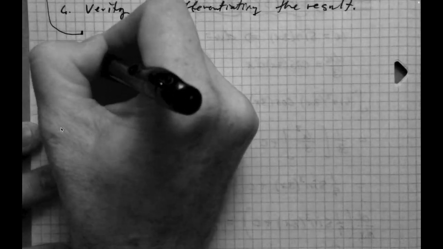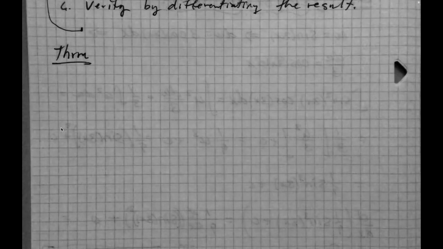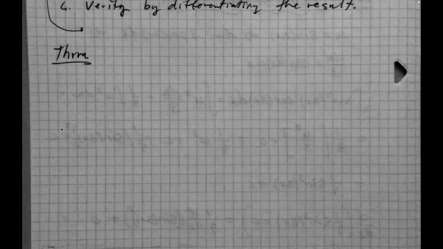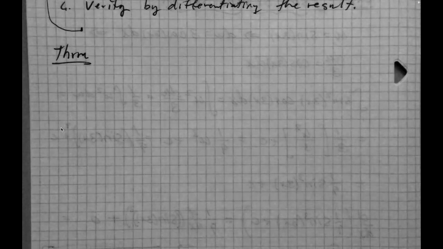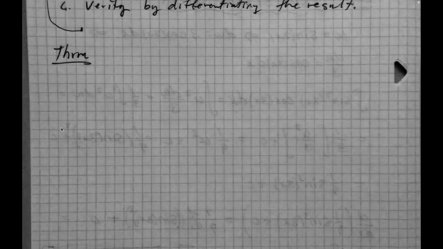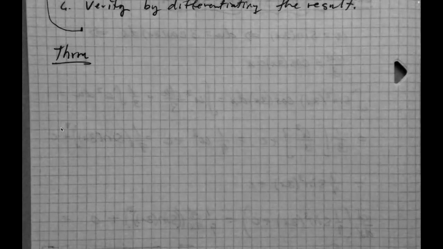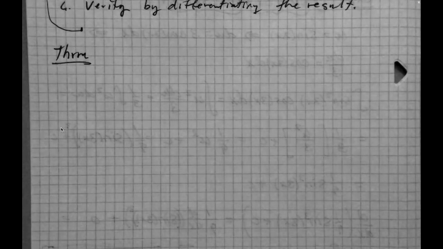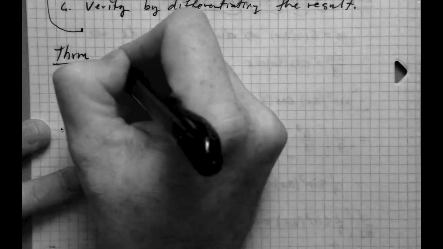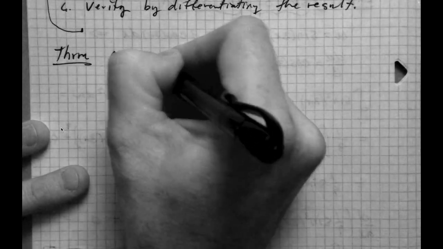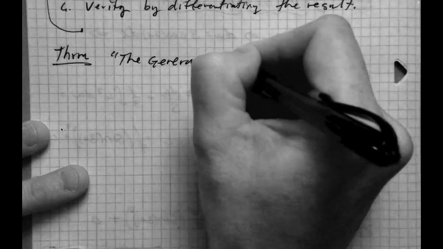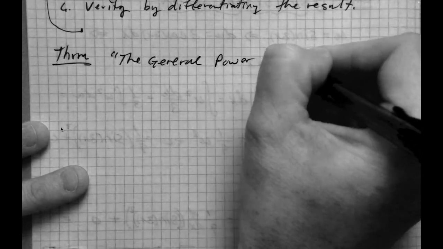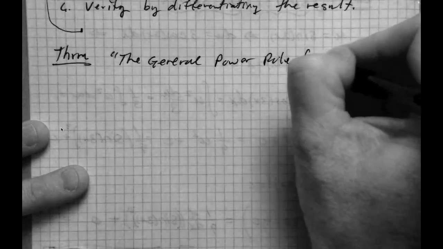Okay, all right. So let's talk about, let's get a theorem out here. This theorem is called the general power rule for integration, and we've certainly seen this already, but let's bring it out, and we're going to recast it a little bit in terms of these u substitutions. So this is the general power rule for integration.